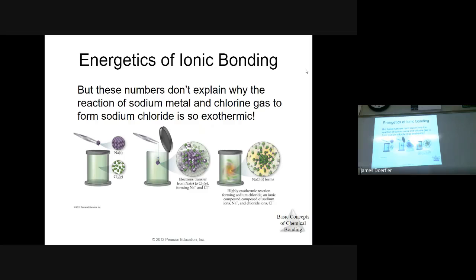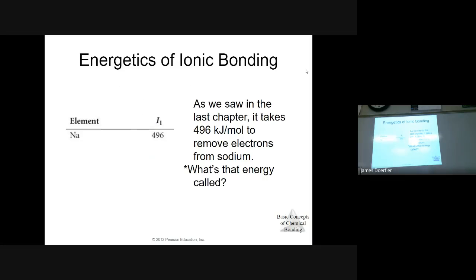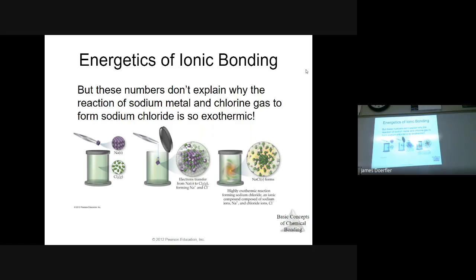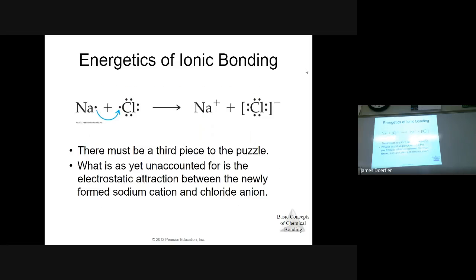And so we have a reaction occurring, but when the formation happens, it is actually a pretty significant demonstration. So the numbers that are associated with sodium losing electrons and chlorine gaining electrons do not yet explain why the reaction of sodium metal and chlorine gas is so exothermic when it forms sodium chloride. So there has to be, as I say, a third piece to the puzzle in ionic bonding.